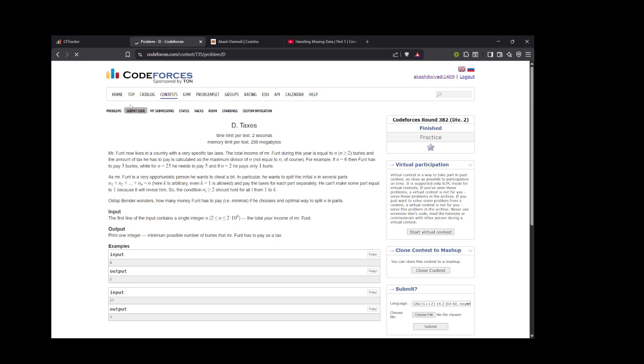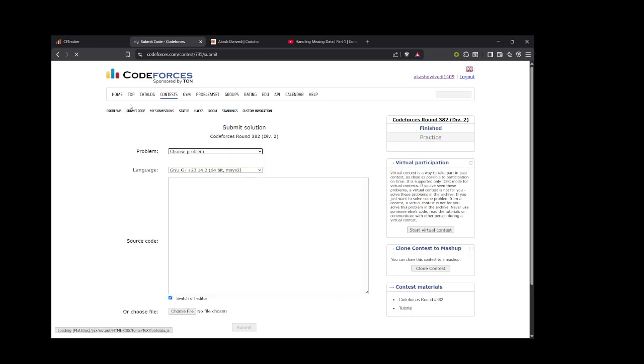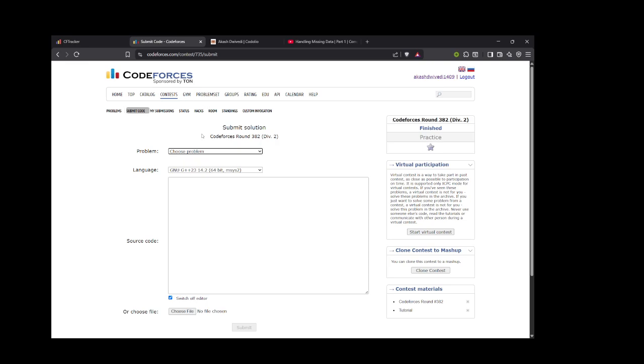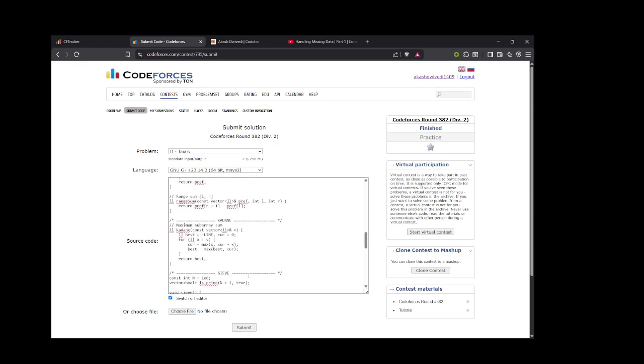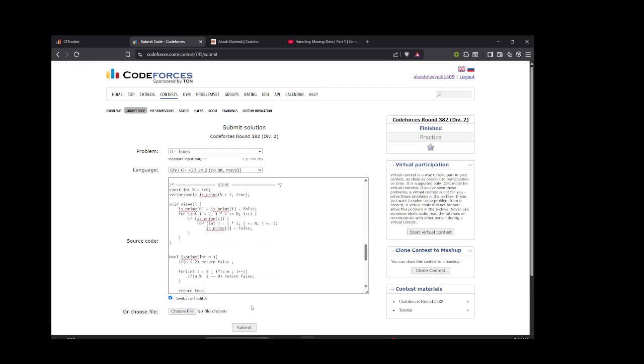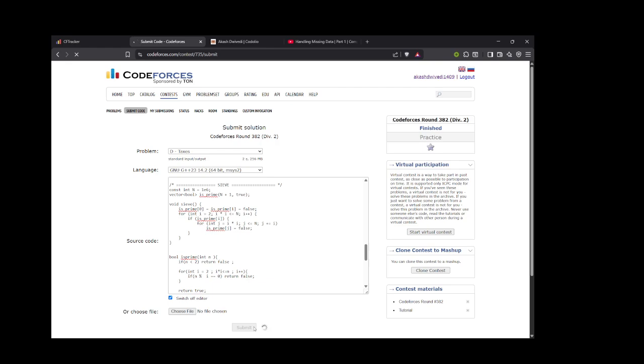Why is it buffering? Problem number D, it is. My submit button is not clickable. It is now. So it should obviously pass.